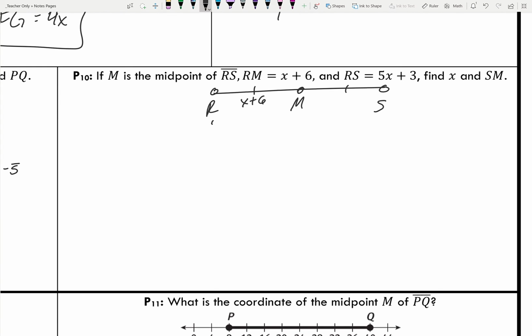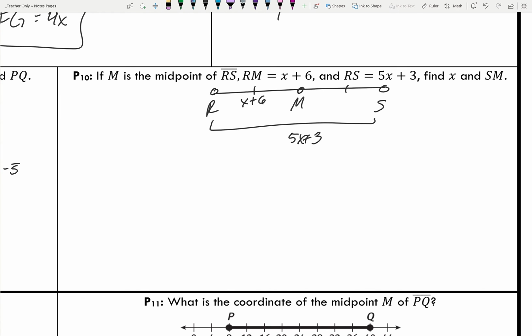RS, the whole thing, is equal to 5x plus 3. So now we are going to want to use what we know about midpoints. Because this is the midpoint, I know that RS is just equal to 2 times one of the segments it makes, right?